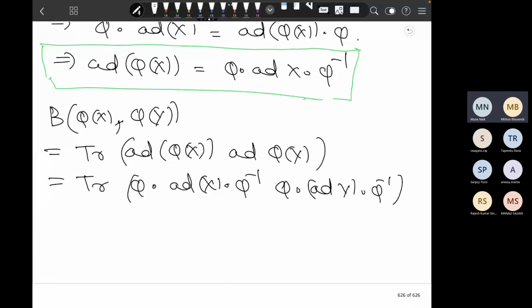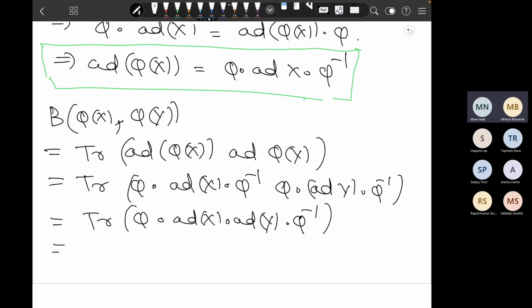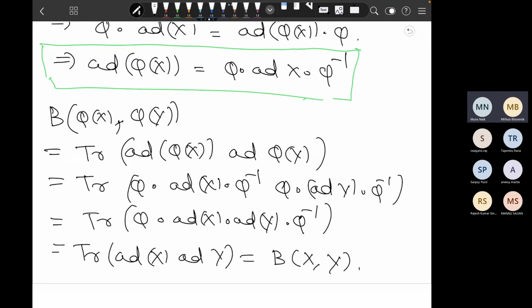Okay. So that is really trace of phi composed with ad x ad y composed with phi inverse. And trace is conjugation invariant. So that is trace of ad x ad y, and this is really B of xy. So this is clear. So we have done the proof of A.